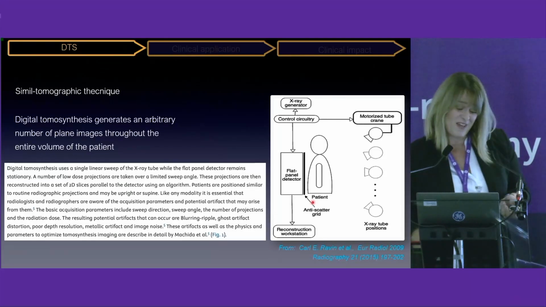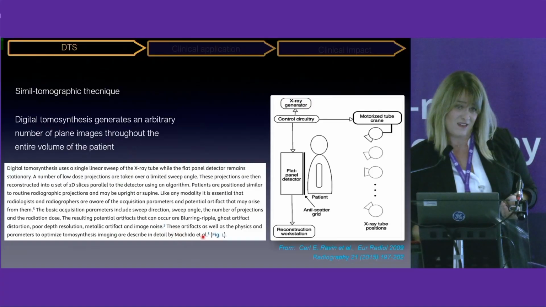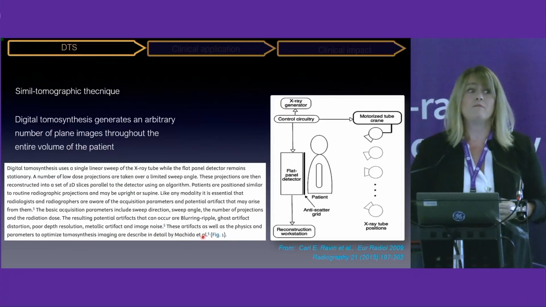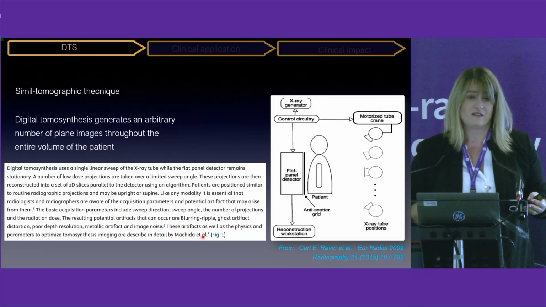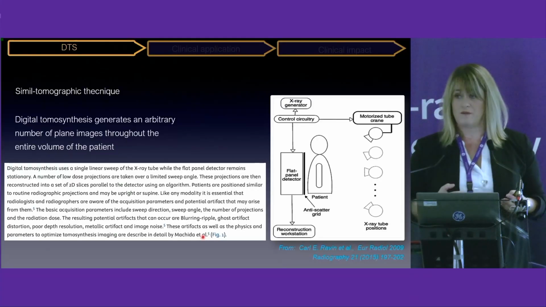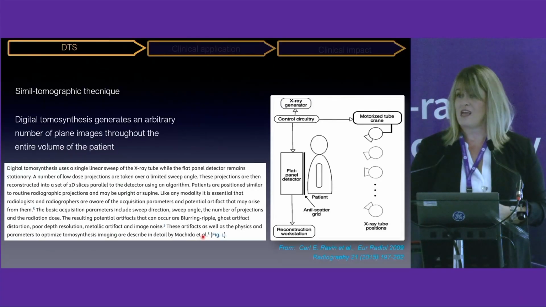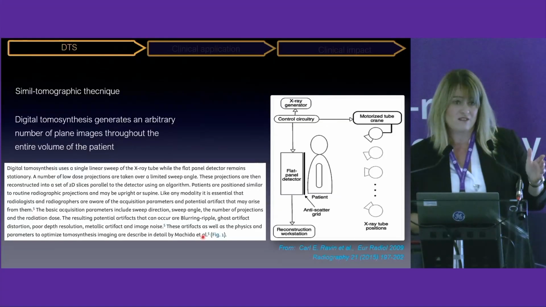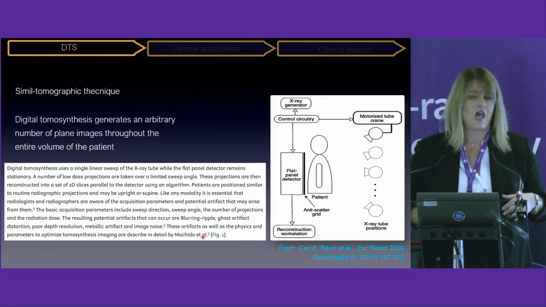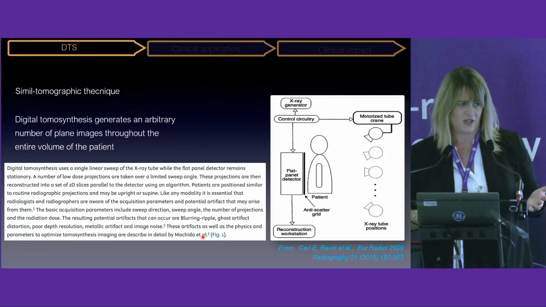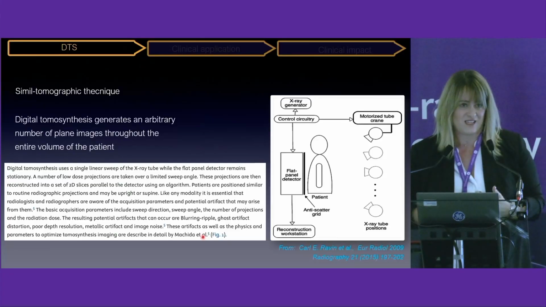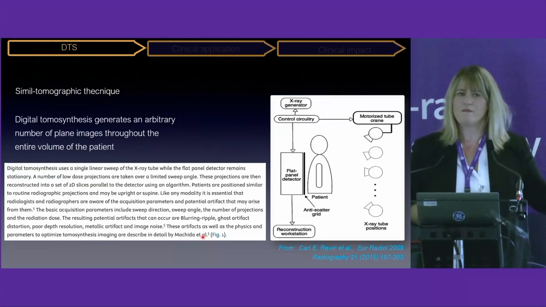Sometimes we may experience some kind of artifacts, like blurring artifacts because of respiratory motion. The patient has to keep 12 seconds of apnea for the chest DTS. So a very old patient who can't hold his breath is not our patient.